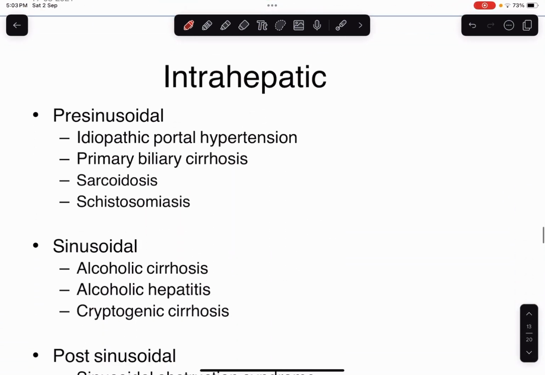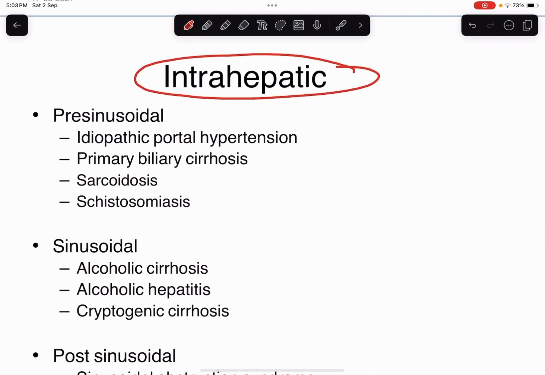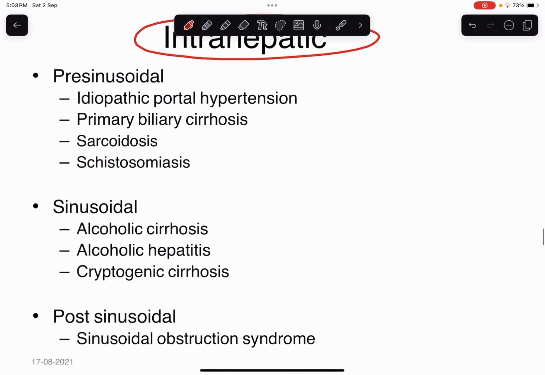Intrahepatic causes can again be divided anatomically into pre-sinusoidal, sinusoidal and post-sinusoidal causes. Among the pre-sinusoidal causes we have idiopathic portal hypertension, primary biliary cirrhosis, sarcoidosis, schistosomiasis. We need to remember the causes.